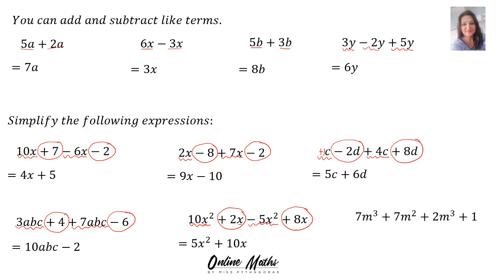The terms, that's m cubed. Remember, when it's raised to the power of 3, you can say it's m cubed. So therefore, 7m cubed plus 2m cubed is 9m cubed. And then there's nothing that you can add to 7m squared, so it is written as is, and there's nothing that you can add to the constant 1, so it is written as is.